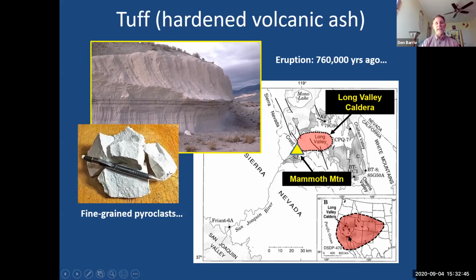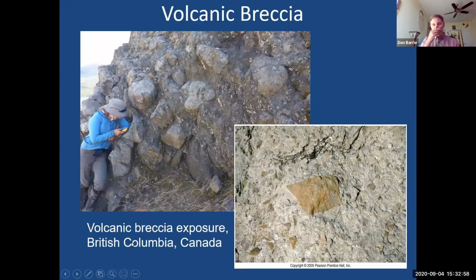There are even places in the Anza-Borrego Desert east of San Diego where it's possible to find layers of tuff from this eruption. So in contrast to tuff, volcanic breccia is, of course, much more coarse-grained. We're generally dealing with pyroclasts, fragments that are maybe walnut-sized or larger, perhaps even up to boulder-sized, like we're seeing in this exposure.